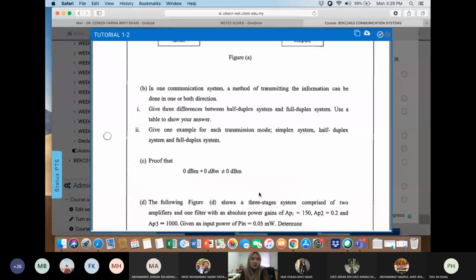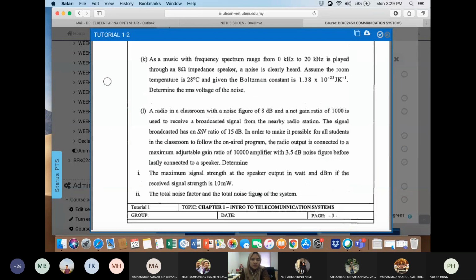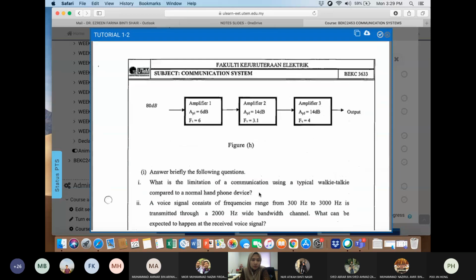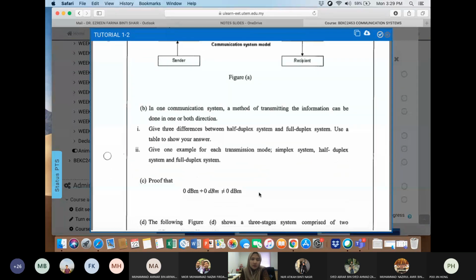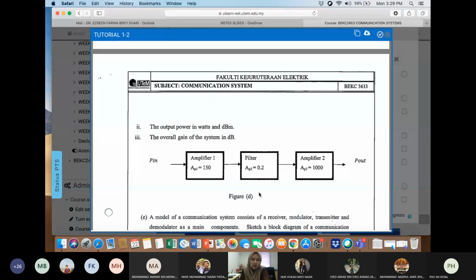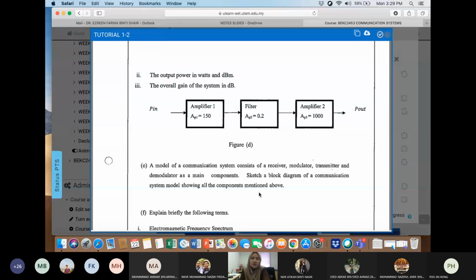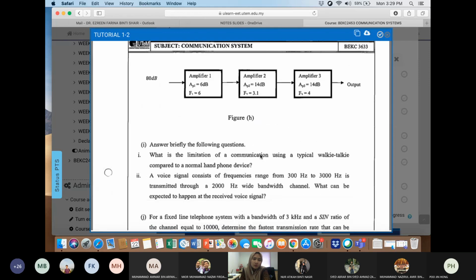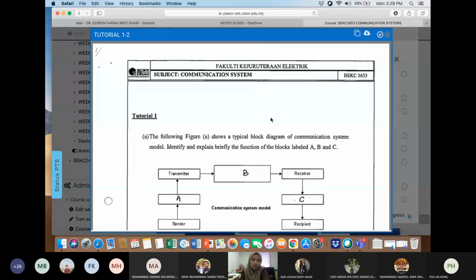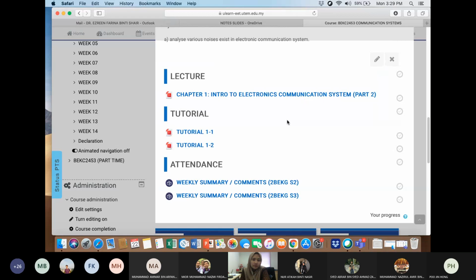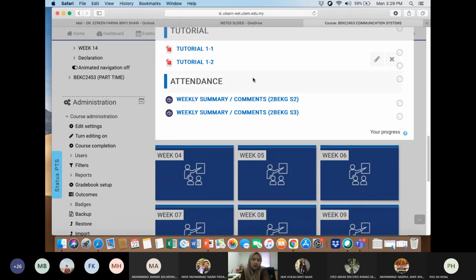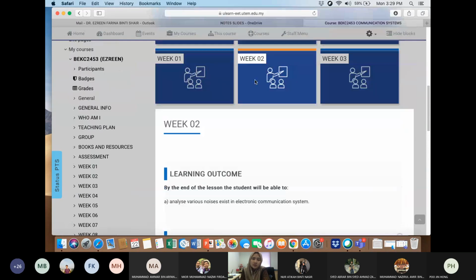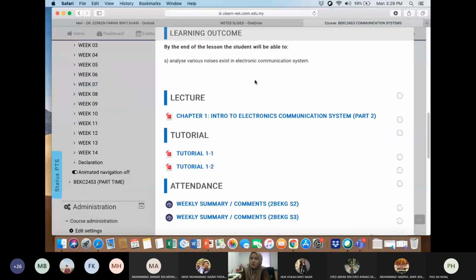Okay, so this one awak try dulu, and later we will discuss. If you have any question, then we will discuss. Okay, so next class awak try buat, then next class if ada problem, then awak bagi tahulah soalan nombor berapa, and then we will discuss for this one. Okay, and also don't forget to fill in the attendance. Okay, so any question for chapter 1?